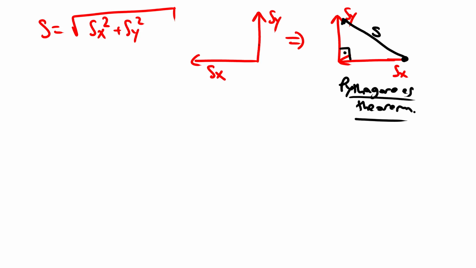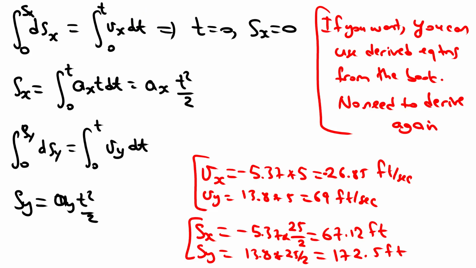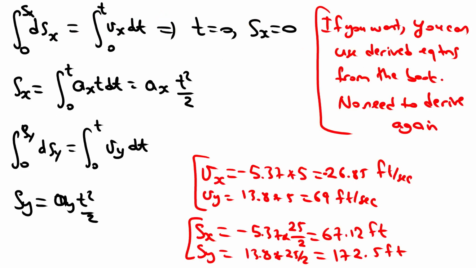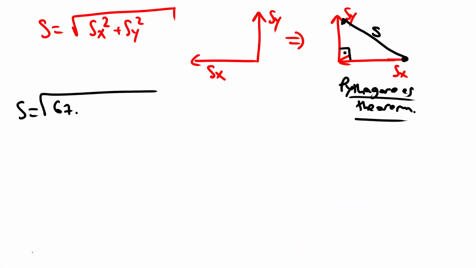And then that will be the square root of 67.12 squared, this one is also negative, but no need to write the negative value here since it is squared, plus 172.5 squared.